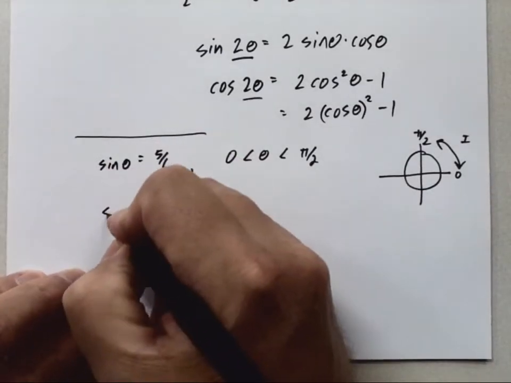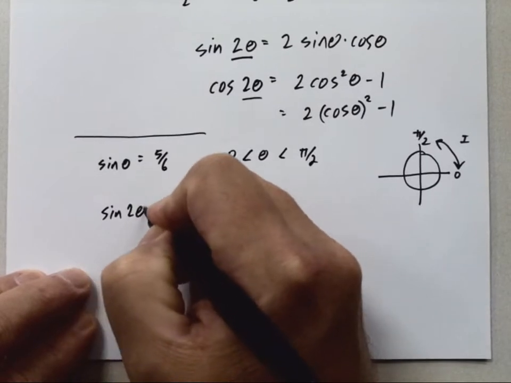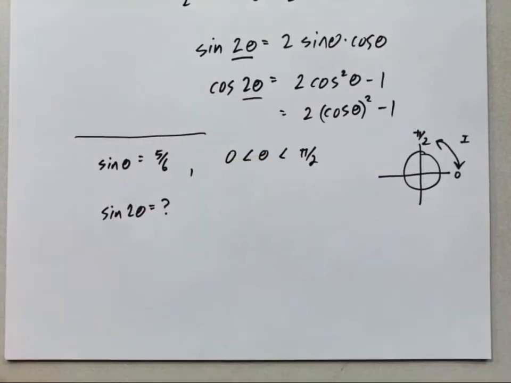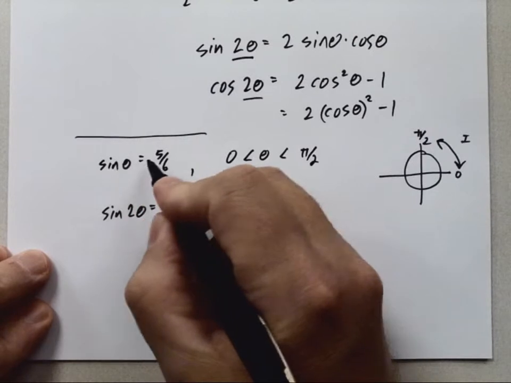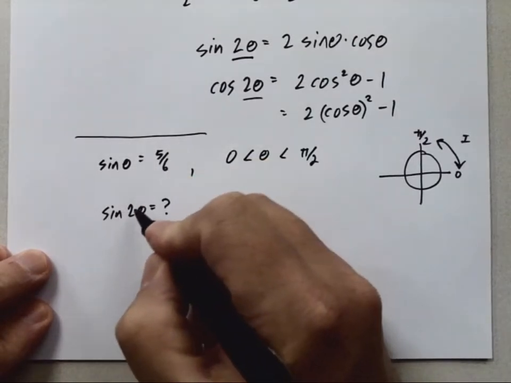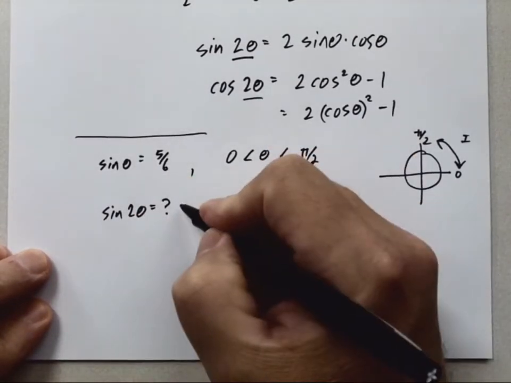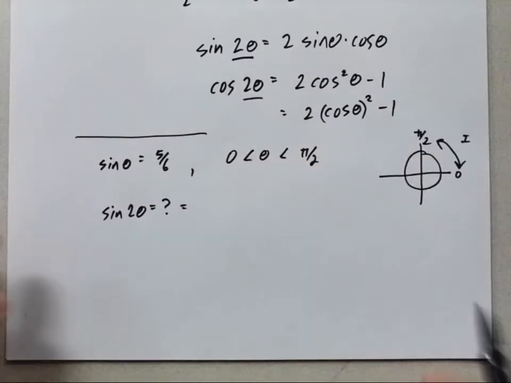So the first one they ask us about, they want us to determine the value of sine of 2 theta. Well, up here, I know sine of theta. I don't know anything about sine of 2 theta. So what I'm going to do is go use the formulas.